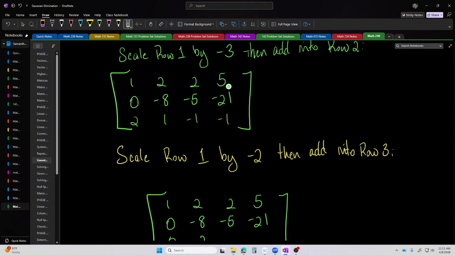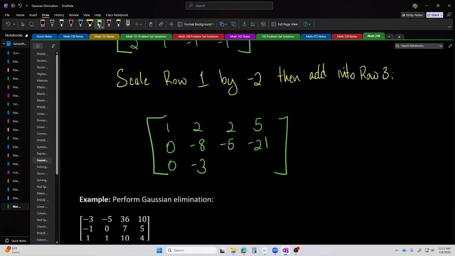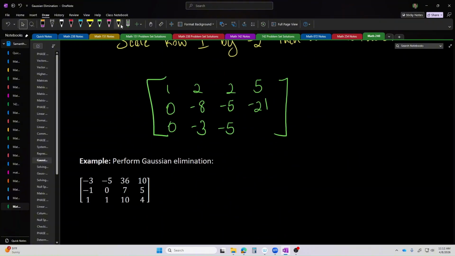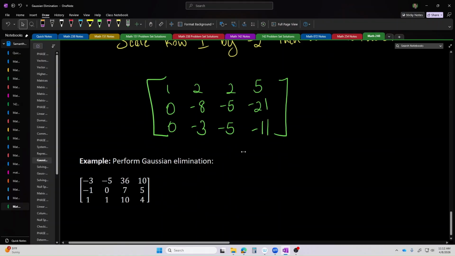And then moving to the third column, this entry in row 1 times this minus 2: 2 times minus 2 is negative 4. Negative 4 plus this negative 1 gives me minus 5. So we have this 5 times this minus 2. That gives me negative 10. And that negative 10 gets added to minus 1, giving me a result of negative 11.